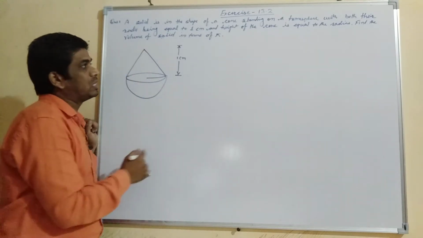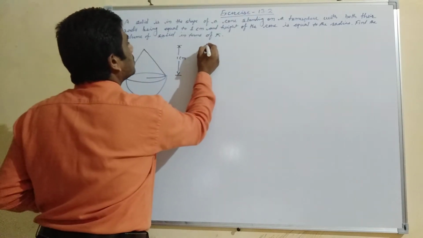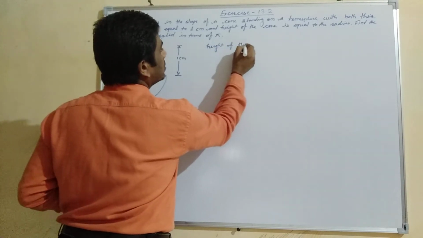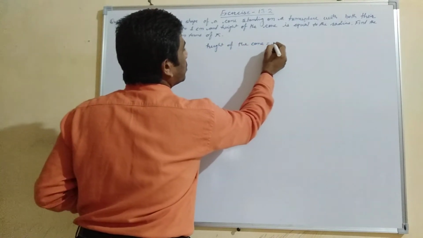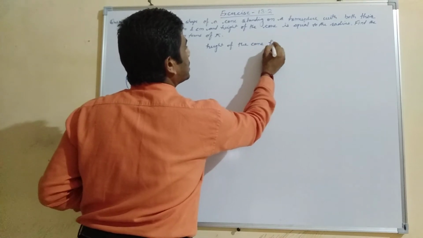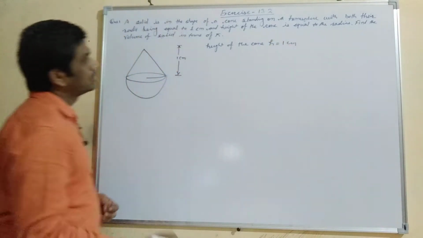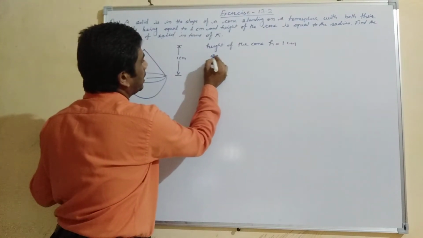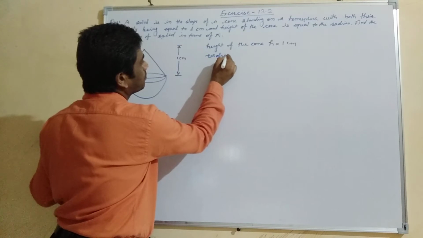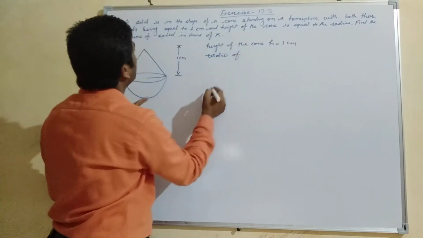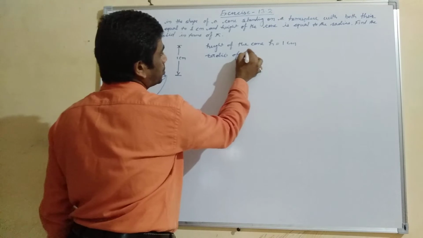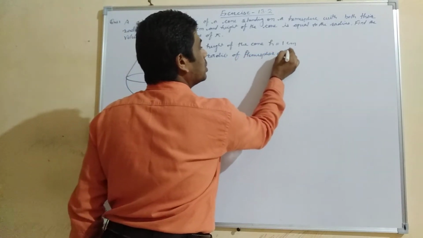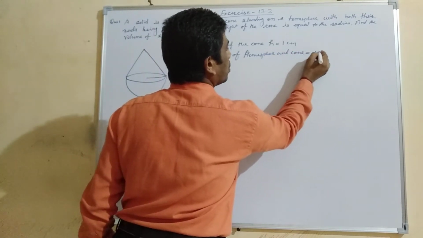Volume of a solid. So what is given here? Height of the cone h equal to 1 centimeter is given, and radii of this hemisphere and cone is also 1 centimeter.